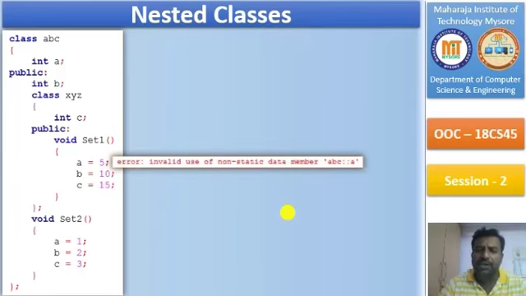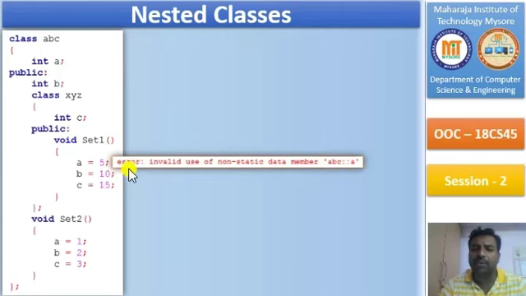Now when I compile this, the very first error which I am going to get is an invalid use of non-static data member ABC::A. That means the variable A is under the scope of the class ABC.